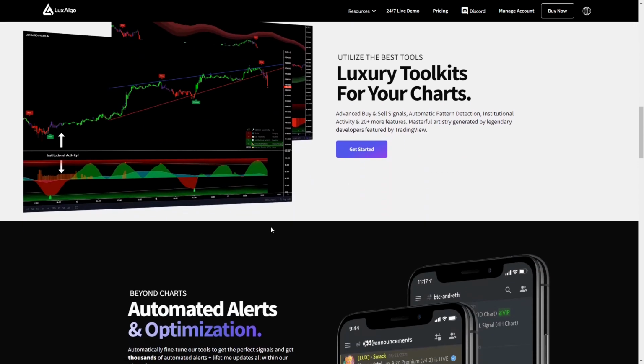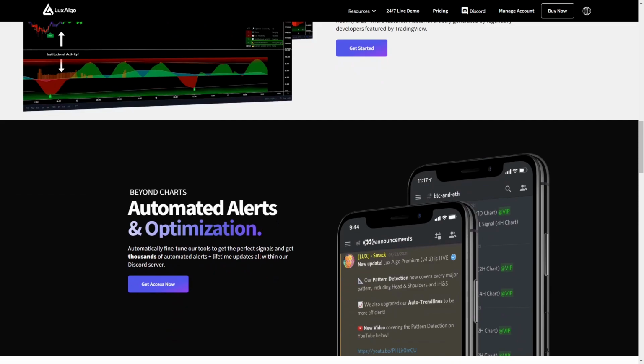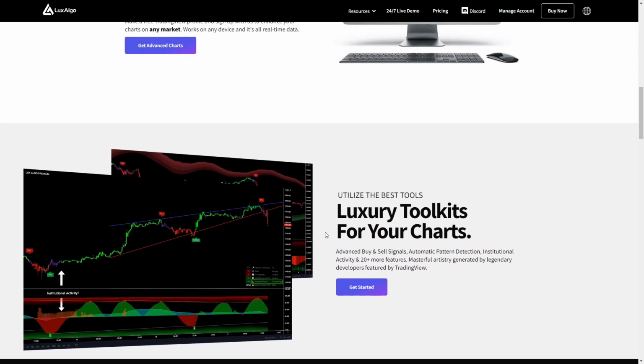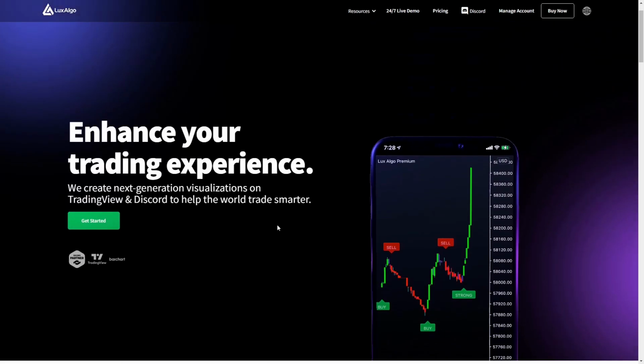So depending on the coin you're using and the time frame, they have 15-minute, 1 hour, 2, 3, and 4 hour settings, right? So if you're using the Bitcoin 1 hour, there are certain settings you should be using for the most accurate signals. And then they have Matic ones, they have Ethereum ones. They don't have every single coin, but they have the most popular ones that they change their settings for. So that's probably the most important reason why you should get in the Discord and make sure you update your settings.